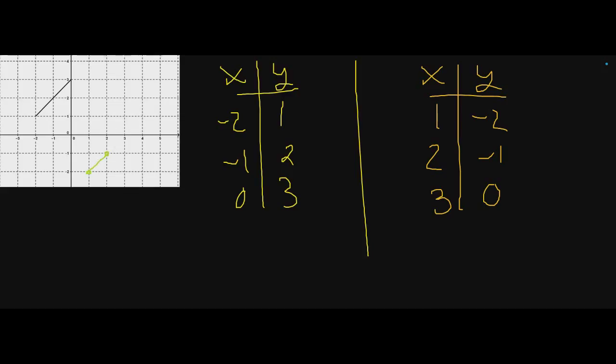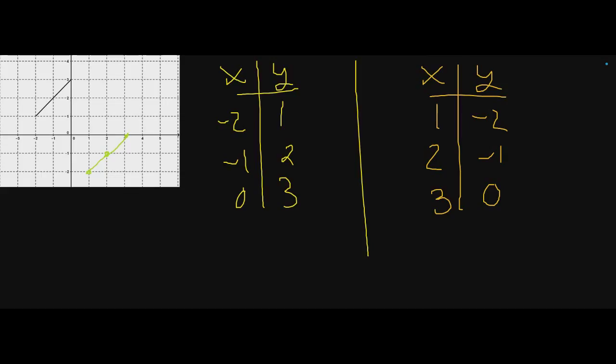Perfect. Now we have 3, 0. There we go. So now we got our inverse function. The inverse of this solid line is right here. We just drew it. All we did was make the x and y table of our original function, and then we made the inverse table and we plotted it.